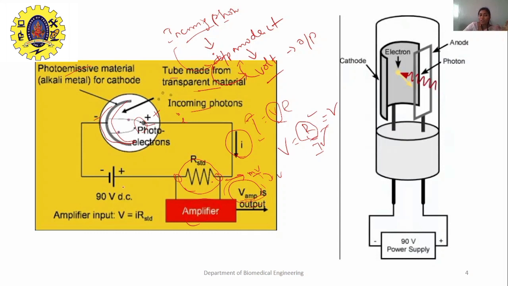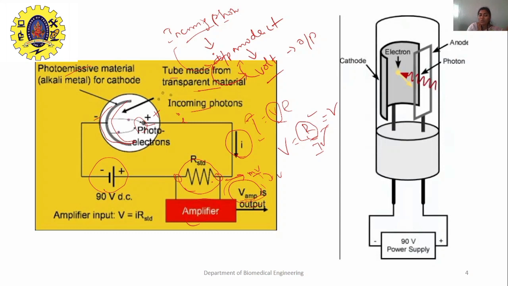One more important thing is that we need a supply here. The phototube, or photoelectric transducer, or PMT, is a type of passive transducer. We already know what a passive transducer is, right? A passive transducer is one which requires an external supply for its operation.